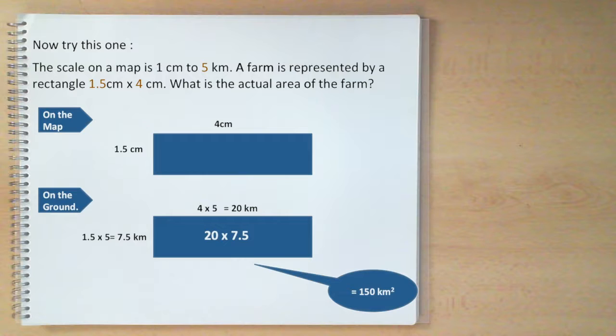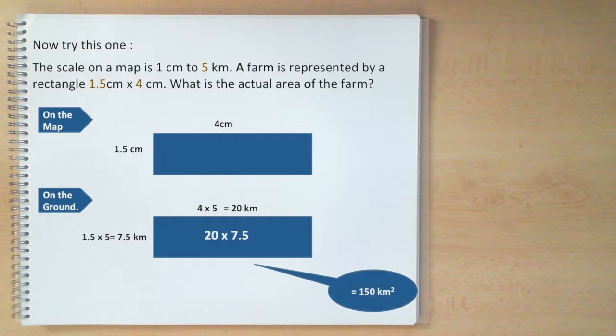I cannot emphasise enough how important it is to draw these diagrams. If you draw these diagrams, you are so much more likely to get these questions correct than if you try and do them without drawing them. Use all of the space that you have to draw the diagrams, make them as clear as possible, and then you're less likely to make silly mistakes as you go through the question.